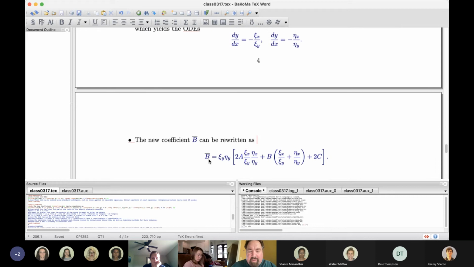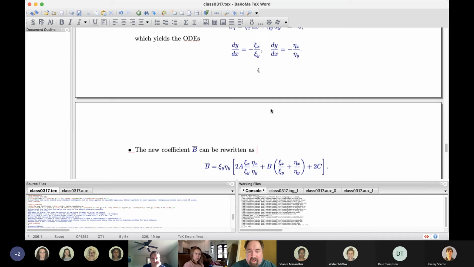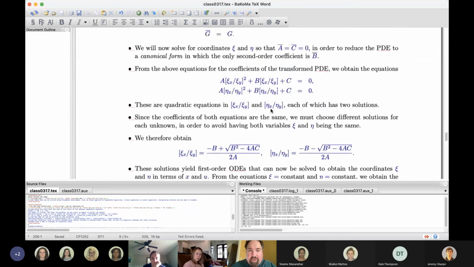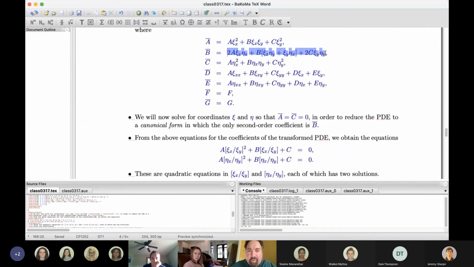Now, once you solve them, and I will show an example a little later, the new coefficient b bar that you're looking for, the only non-zero one of these first three, here's the original formula for it. So then you can substitute your formulas for xi and eta throughout here by taking your derivatives with respect to x and y.